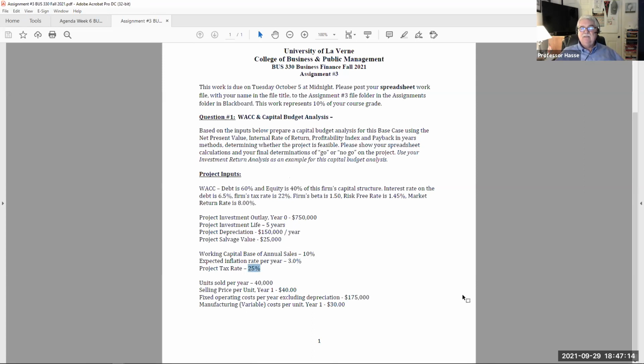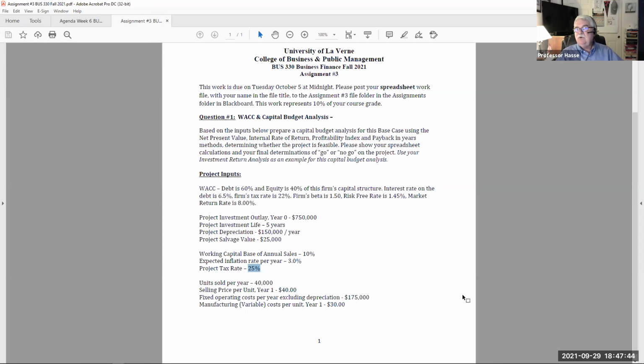Here's why. The company is based in Claremont, California. That's our corporate headquarters. This is where we borrow the money and issue stock. This is where we get the money. Our tax rate in Claremont is 22%. Okay. But this plant is going to be in Nevada. This plant and this investment of $750,000 is going to be in Nevada, where they have a different tax rate.